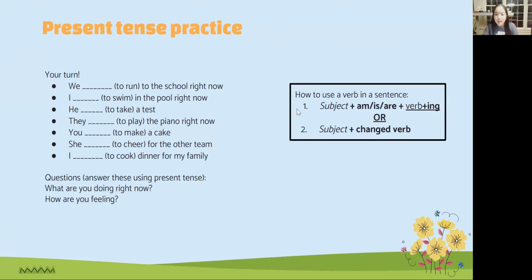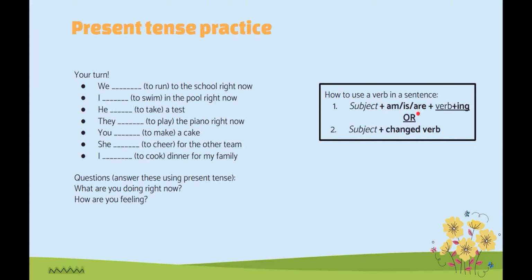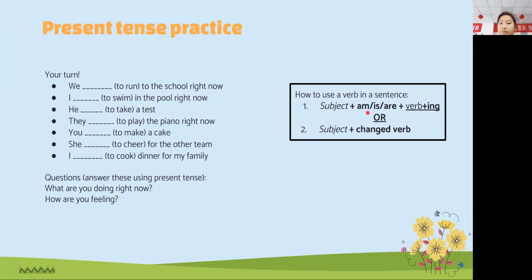You said the subject, which is he, and you said the verb plus ing, which is taking. But you need am, is, or are. Do you know which one to include? Is, exactly.